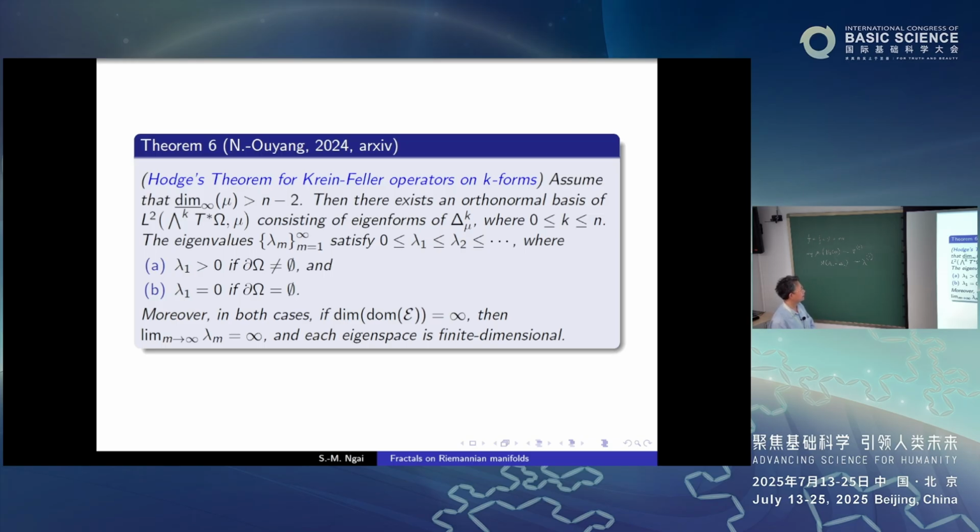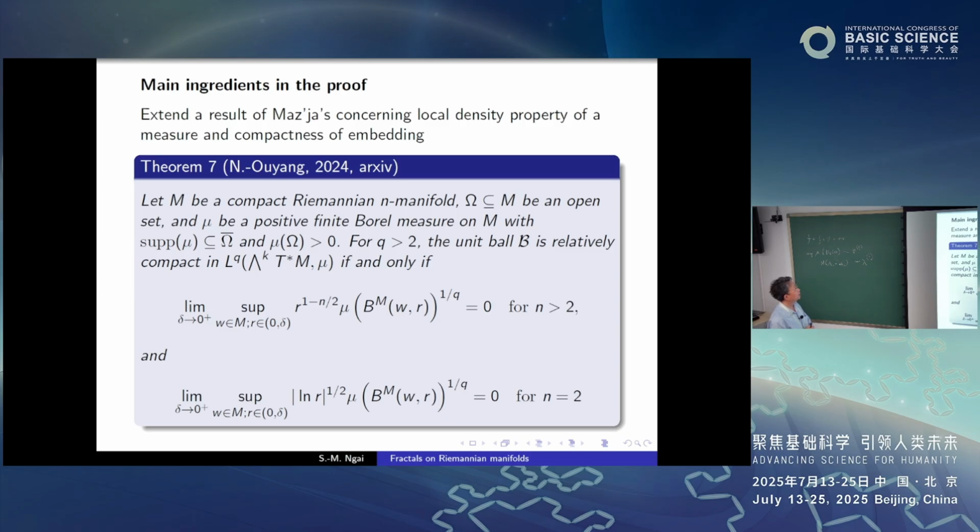All right, so for the remaining 12 minutes, I will give an outline of the proof of this result, only for the function case, the zero form case, because the idea is quite similar.